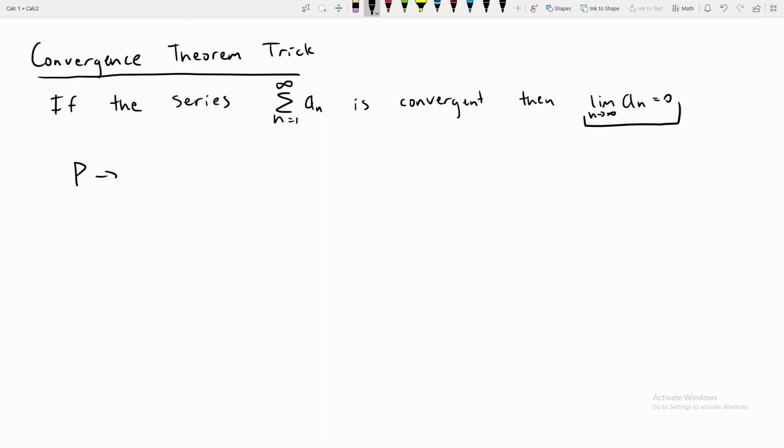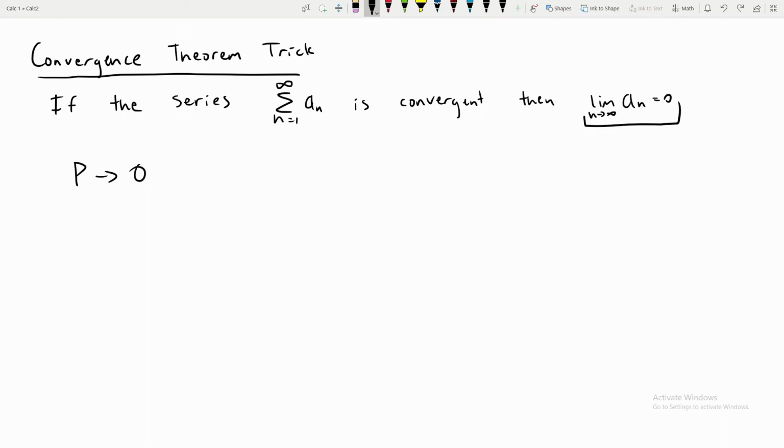I know many of you probably haven't taken discrete math or an intro to propositional logic course, but don't worry, I'm planning on making one sometime down the line. Basically, this statement is an implication statement. If a condition is true, so if the series is convergent, then we see a conclusion.